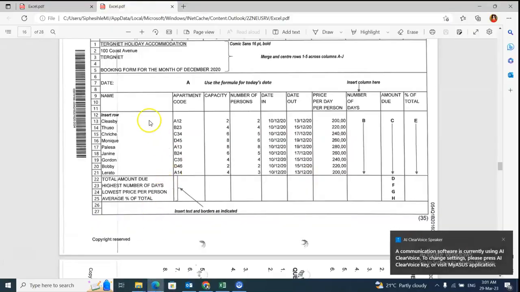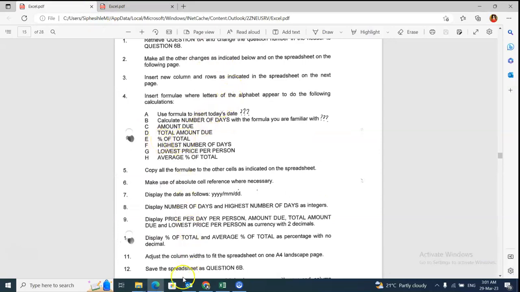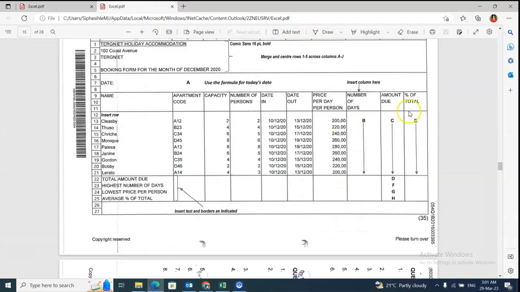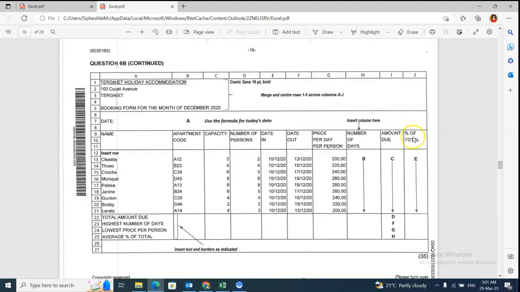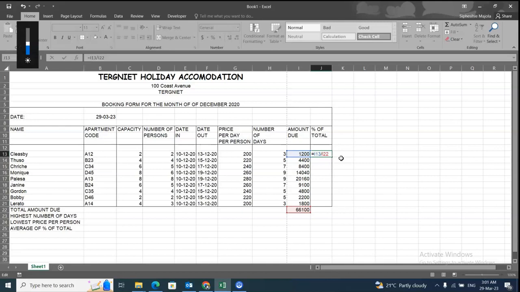Okay, so now they want us to calculate E, which is the percentage of total, and E would be here. This is our E in column J. So they want us to calculate the percentage of total. So it's going to be the equal sign, this one divided by the total, and then you're going to apply absolute cell referencing to it.